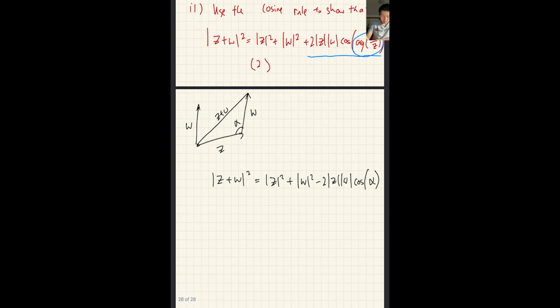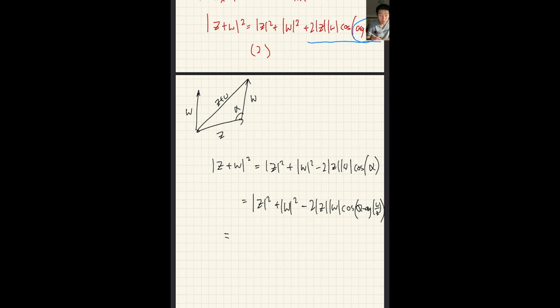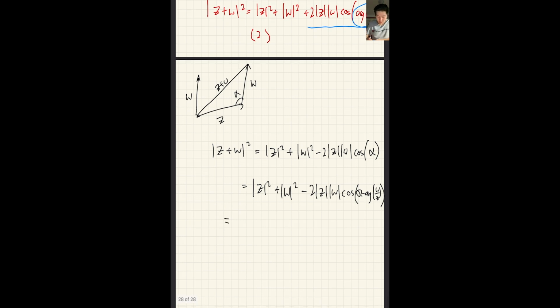Okay, so that gives us Z squared plus omega squared plus 2Z omega cos of pi minus arg W on Z. Running out of space there. We'll write the equals a bit more across. And we know that since cos in the second quadrant, basically this is saying it's a second quadrant expression angle, then it'll become the negative version.